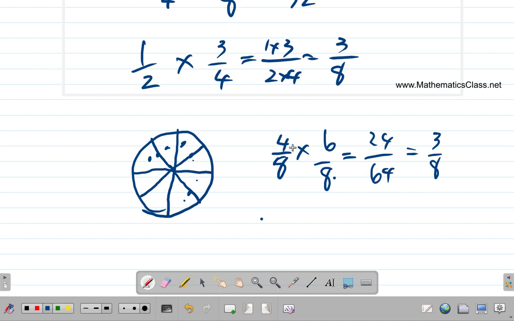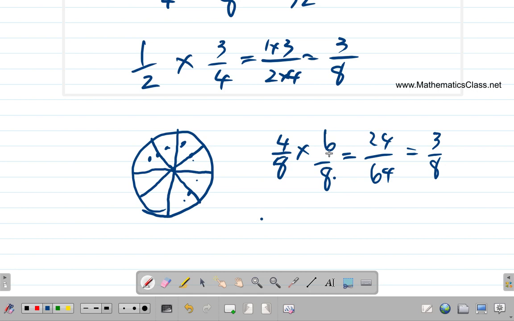If you look at half and 3/4, when you multiply 2 by 4, you get 8. Now, the 4/8 is not really necessary. What you want is half.